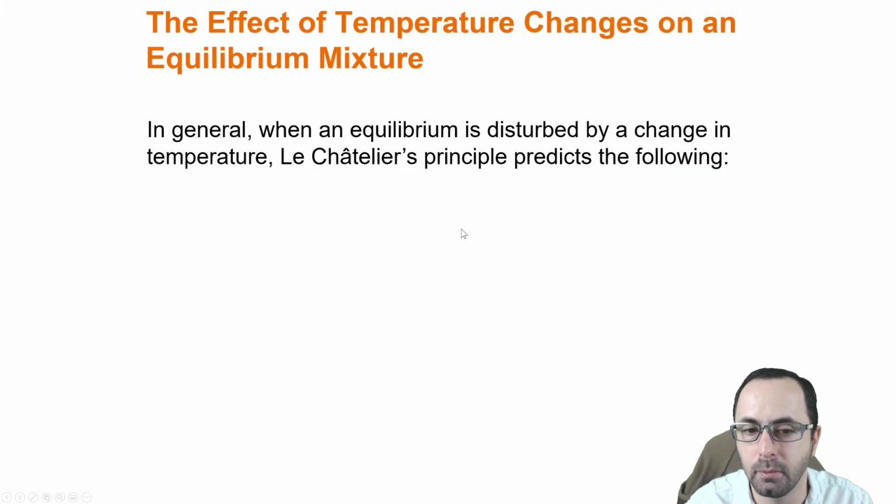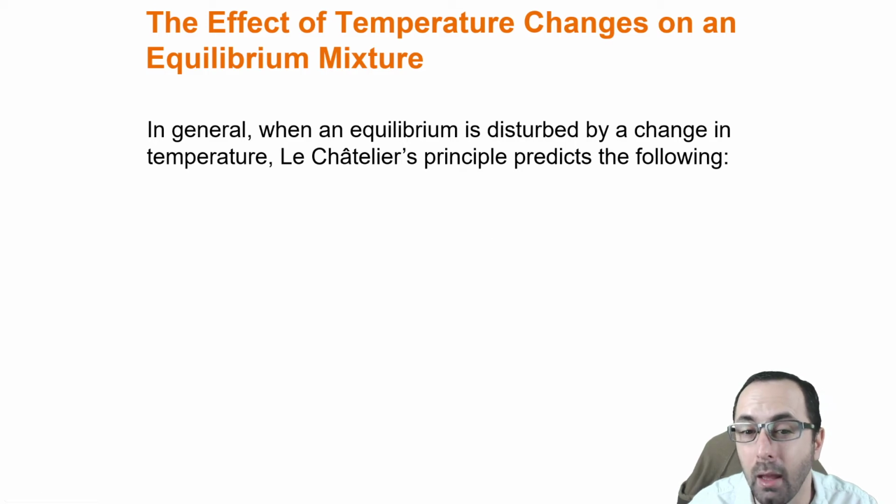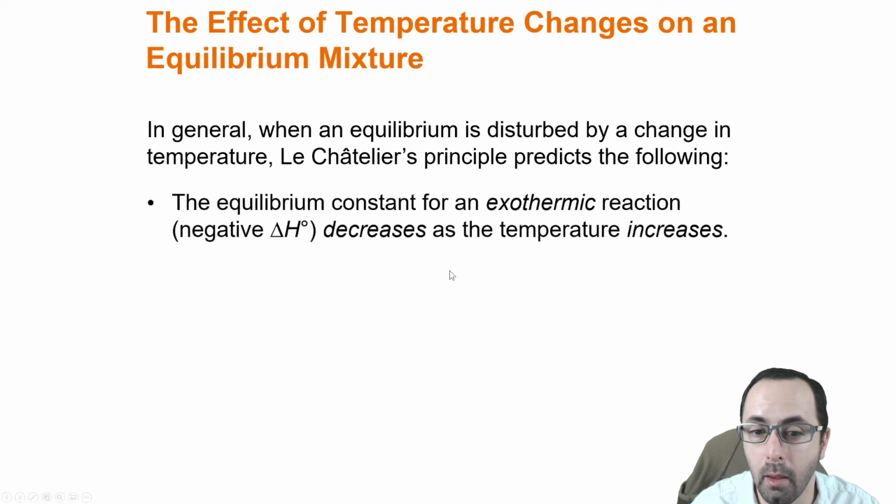Okay. Now finally, the effect of a temperature change on equilibrium. So when the equilibrium is disturbed by a change in temperature, Le Chatelier's principle predicts the following. It's going to depend on whether the reaction is exothermic or endothermic. The equilibrium constant for an exothermic reaction decreases as the temperature increases.